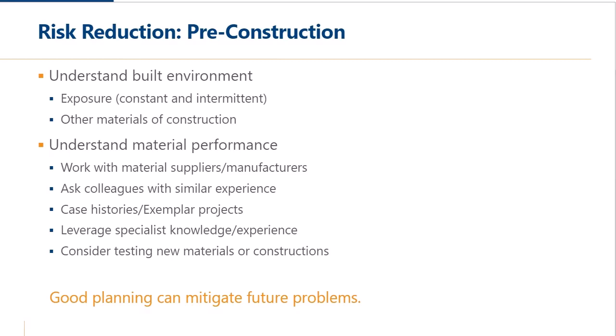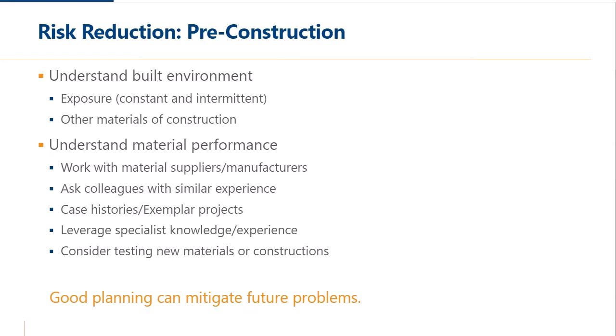And then you really need to understand your material performance. And if you're not a material scientist, how do you do that? One of the great resources is working with material suppliers and manufacturers. They probably know their material better than anyone, and have a lot of information about vulnerabilities and about where their materials perform well.